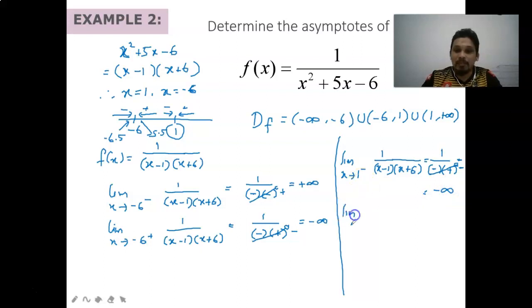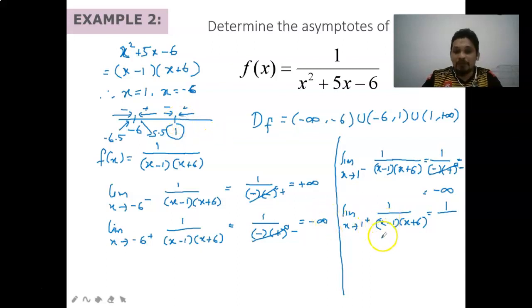And for the limit as x approaches 1 from the right side, 1 divided by (x minus 1)(x plus 6), x approaching from the right: from 3 to 1.5, 1.2, 1.1, approaching 1 from the right. Let's say I choose 1.5 here.